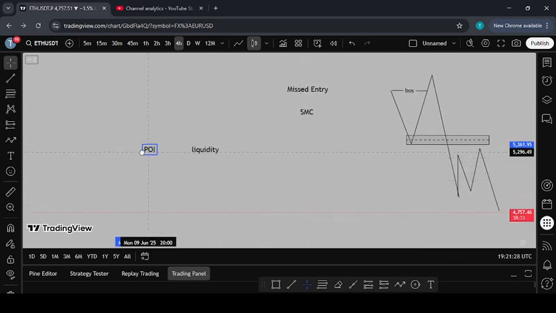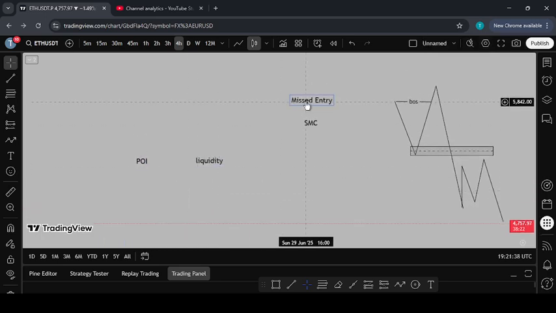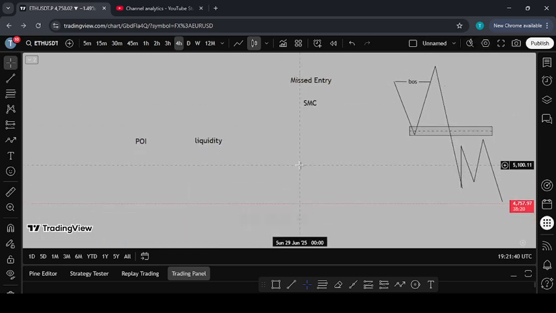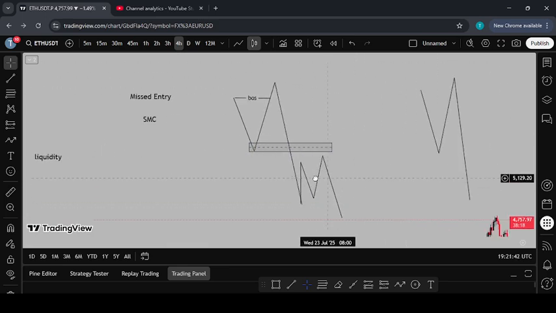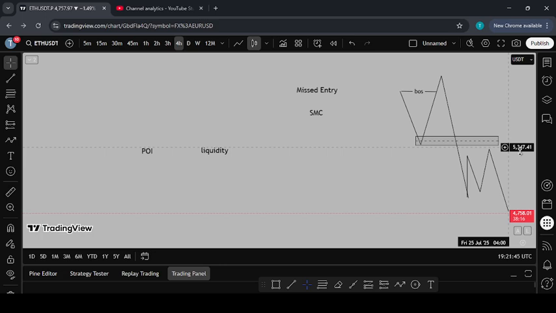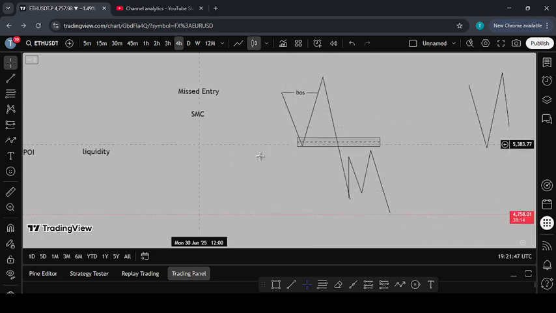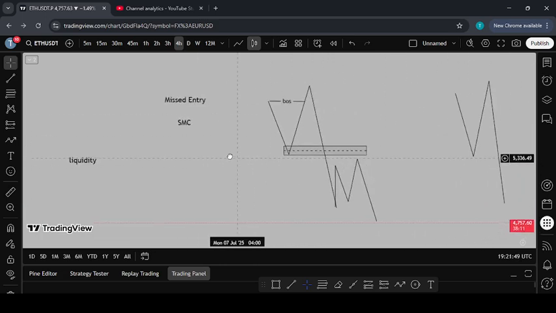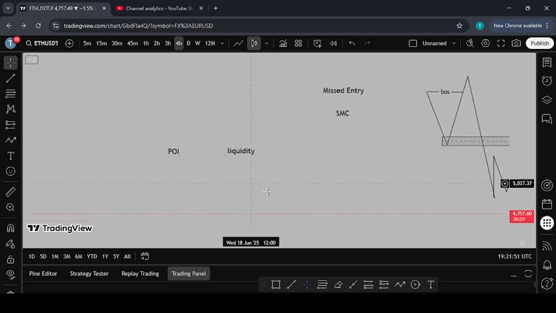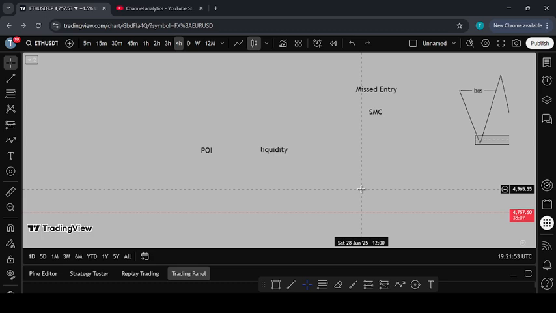Now the points of interest we pick, remember we said order blocks, breaker blocks, mitigation blocks. Those are the points of interest. If you don't know which one to pick, that's where missed entries come from, because the price action will not be as neat as this. If we do not know which one to pick from, you'll be missing entries, because you might have a mitigation block there while you are aiming at a particular order block.